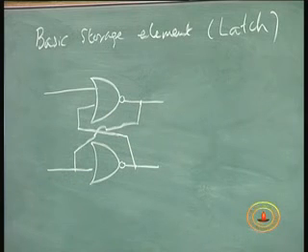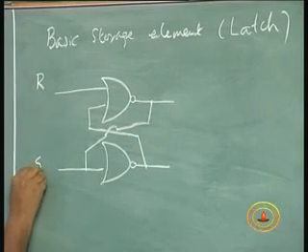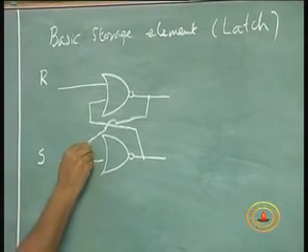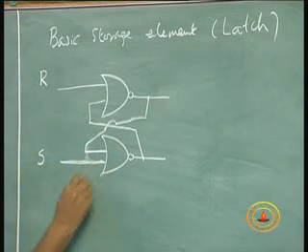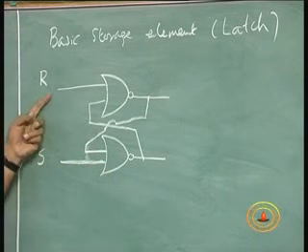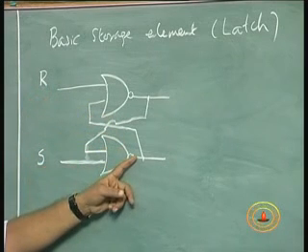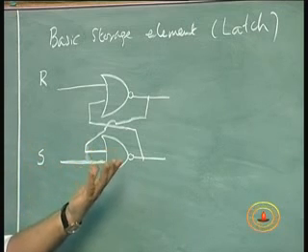I will call this input, for a reason which will be clear a little later on, R, and this input S. I am taking R as one of the inputs, and the other input to this NOR gate is the output of this NOR gate. So the feedback is introduced here already. What did I say about memory?